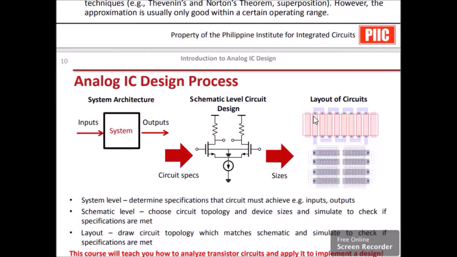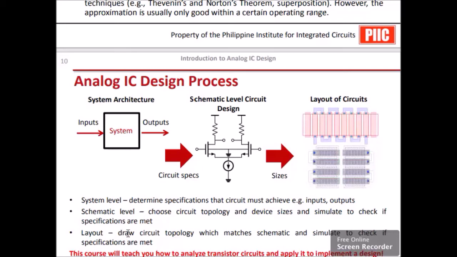So sa layout, ganito siya. So pinaplano na ngayon or nililayout mo na kung ano ba yung magiging physical talaga na itsura ng iyong circuit. Okay? So ito na yung makikita mo talaga sa IC. Okay? Ito yung makikita mo sa IC or ito na yung mismo ifa-fabricate mo. Or yung layout ng circuit.